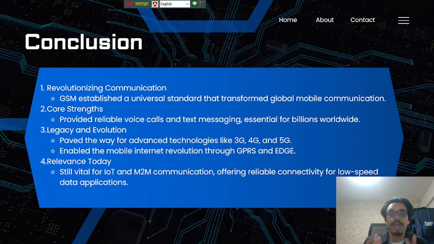It has paved the way for advanced technologies like 3G, 4G, and 5G. It has enabled the mobile internet revolution through GPRS and EDGE, and is still vital for IoT and M2M communications, offering reliable connectivity for low-speed data applications.